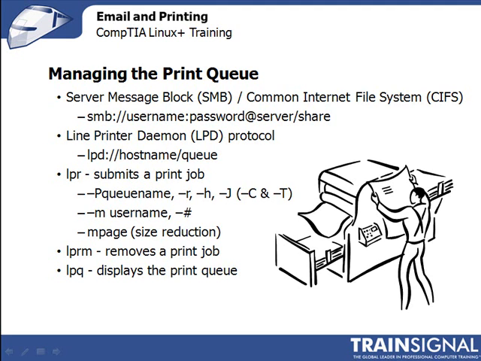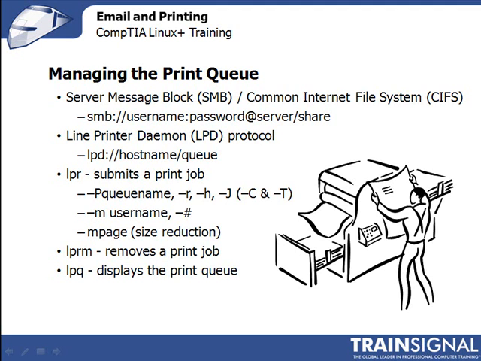Then you have -J, C, or T, which can be used to change the job name. Then you have -m, space username, which emails a user when the print job is complete. And finally we have -#, followed by a number, which is used to specify the number of copies.